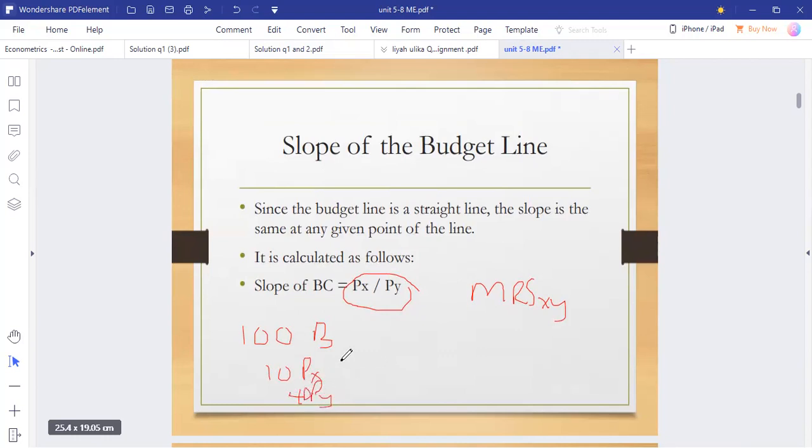So the slope for Mr. Banda will be the price of x over the price of y, but negative. It's a demand function, so it will be 10 over 40, which we got as negative 0.25. So the slope of a budget line is simply the price of x over the price of y.